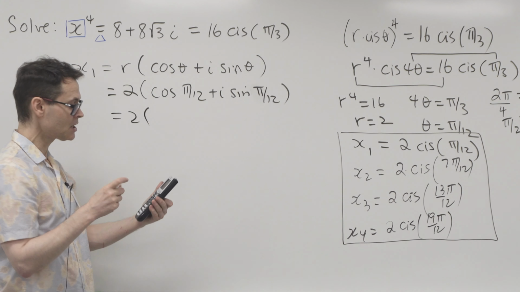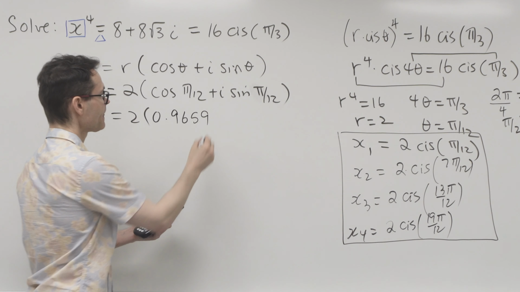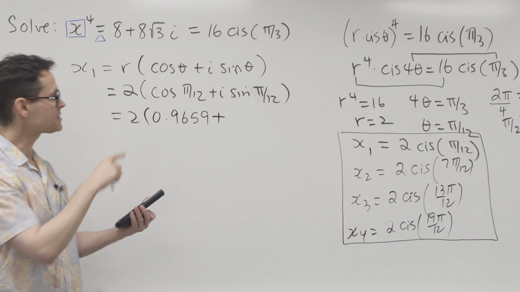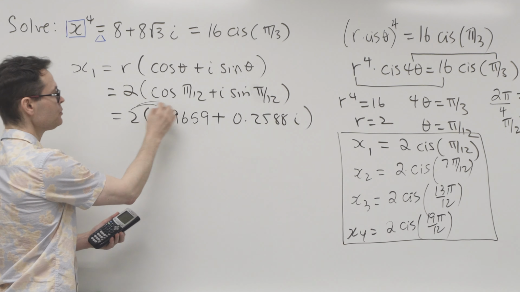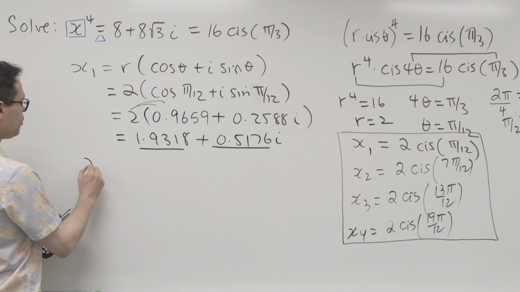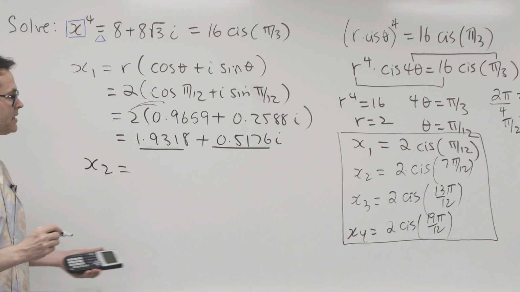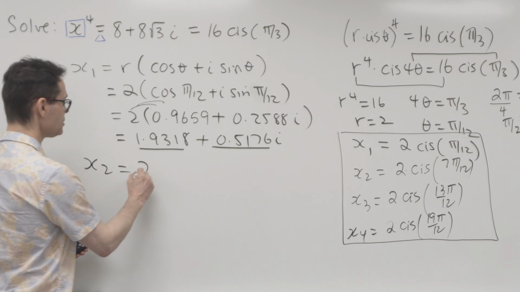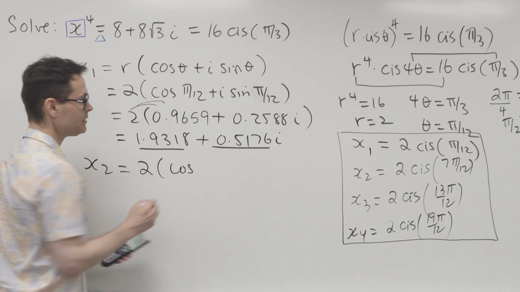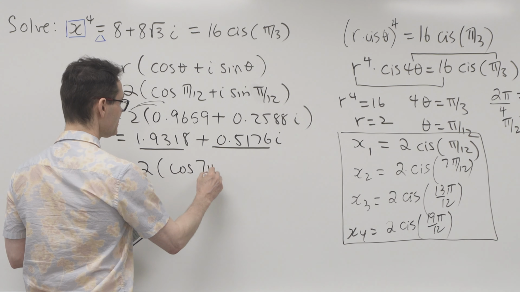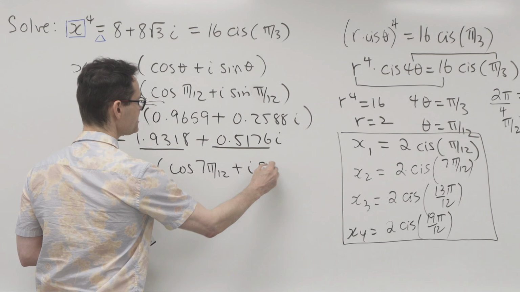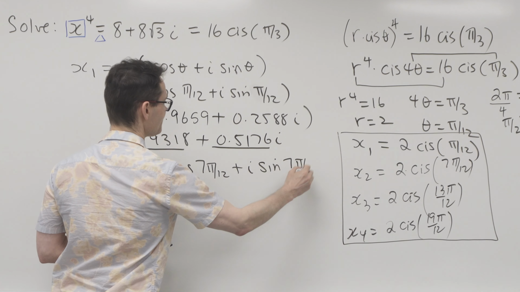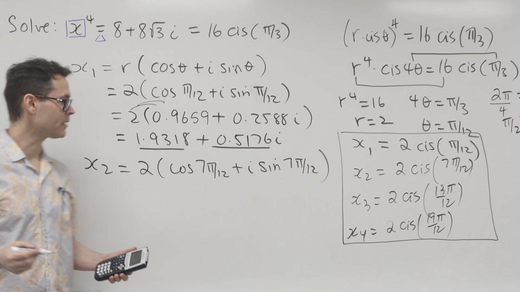So 2 times the cosine of pi over 12 plus the sine of pi over 12 i. And then I could also bring the 2 through if I wanted. We'll do one more just so you get the feel of this. The second one is 2 times cosine 7 pi over 12 plus i times the sine of 7 pi over 12, and we're doing this in radians.